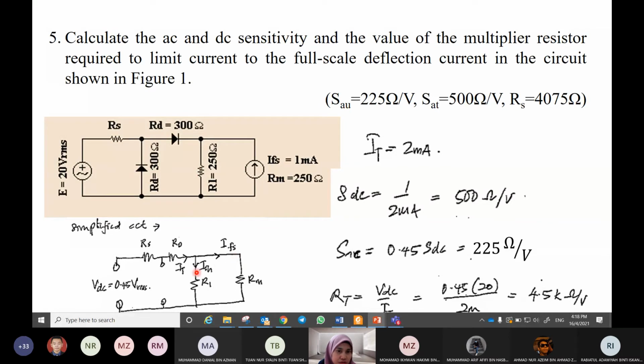So 1 milli here, 1 milli here, so total current is 2 milli. So I total is equal to 1 milli plus 1 milli equal to 2 milliamps. SDC is equal to 1 over 2 milliamps, we get 500 ohm per volt.